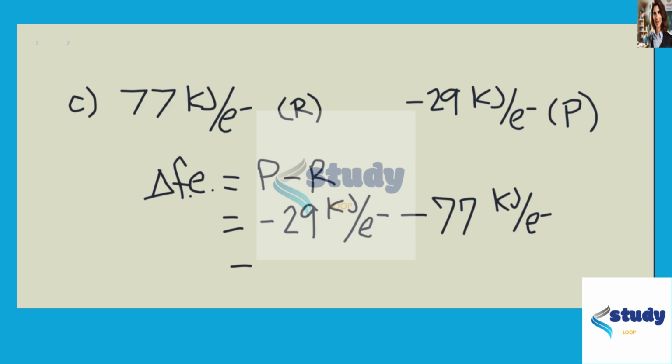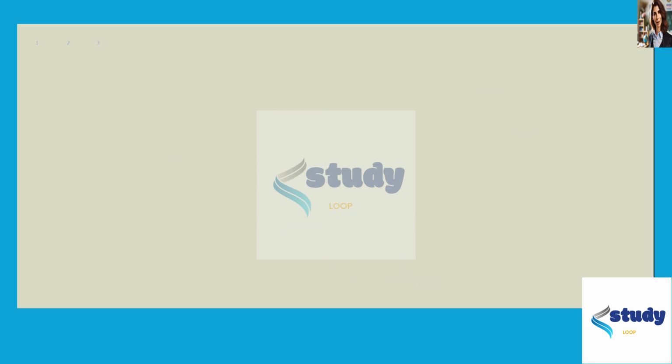And then a quick little trip to the calculator tells us that this is going to be a minus 106 kilojoules per electron. And of course we're just a little over halfway there because this is a 5-part question. So moving on to part D.